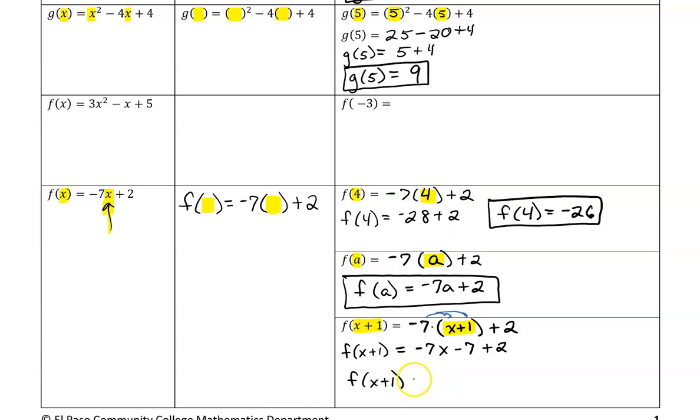Then I'll have f of x plus 1 is equal to negative 7x minus 5. And there it is. And since our evaluation plug-in part has a variable in it, an x, we don't know what that number may be, our answer should also have one. And that's okay. It's almost like we're building a new function from our previous one using this new substitution.